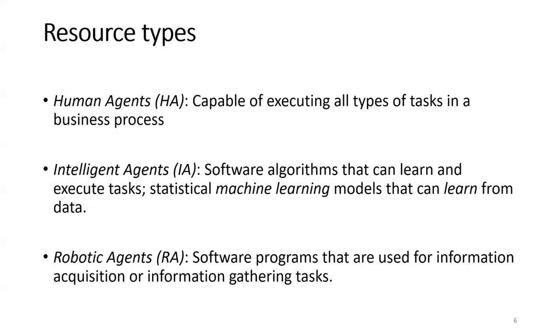A human agent who is capable of executing all types of tasks in a business process. Intelligent agents, which are software algorithms that can learn from historical data and execute the tasks. In the context of this work, we limit IA to statistical machine learning models that learn from the data, but this can be easily generalized to any software algorithm that can learn from data.